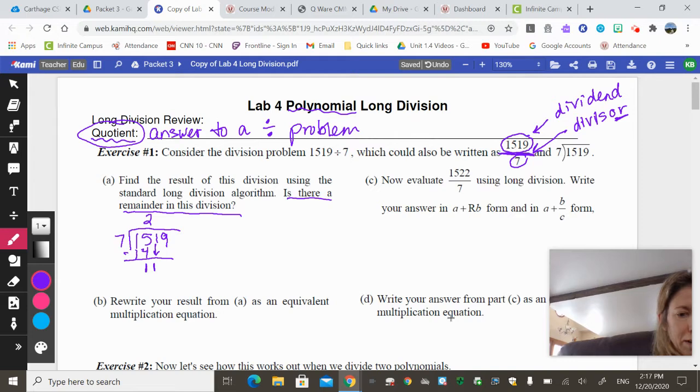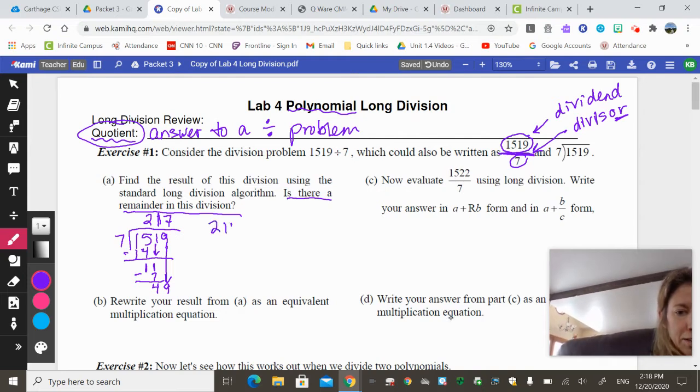All right, does 7 go into 11? Yes, it goes in 1 time, and 1 times 7 is 7. 11 minus 7 is 4. We bring down another number, and we now ask ourselves, does 7 go into 49? And yes, 7 times. So what this means is, you see there's no remainder. So what that means is that 217 is our quotient.